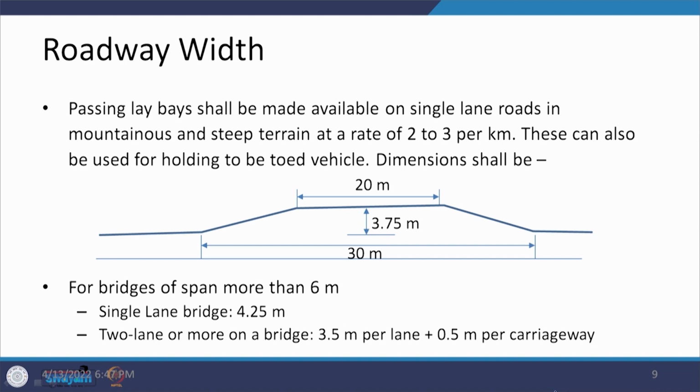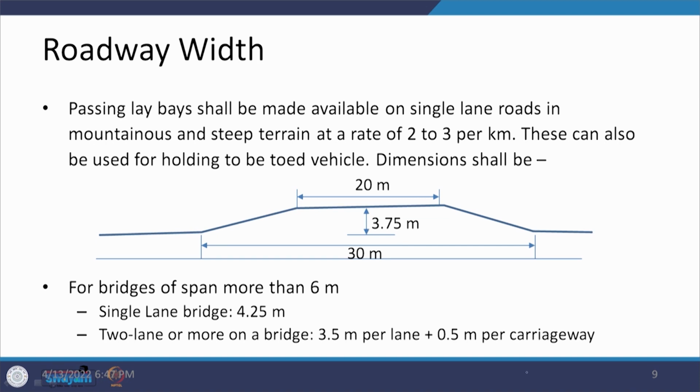Now, what shall be the dimension of the passing lay-by is what is being shown here. It shows that we are going to have a flared section which is 3.75 meters wide, which is 30 meters towards the road or the carriageway which we have, and 20 meters on the other side, and that needs to be provided at a rate of 2 to 3 per kilometer depending on the conditions of our terrain, and this will allow the vehicles to cross another slow moving vehicle.